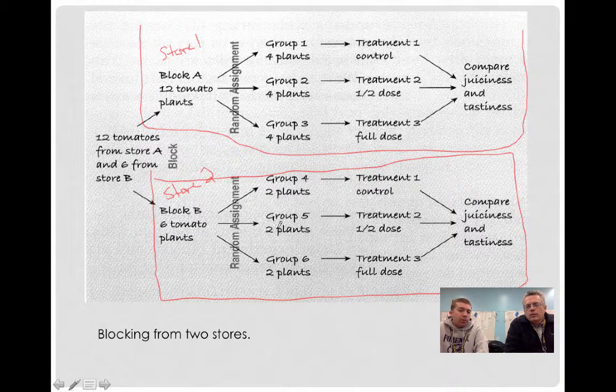So we broke it up 2, 2, 2, whereas this one's 4, 4, 4. What we're controlling is the variable of where they came from, the store. So hopefully that's no longer an issue. That's the idea of blocking. It wasn't that big of a deal, but because the diagram looks so ugly, we saved this for last.